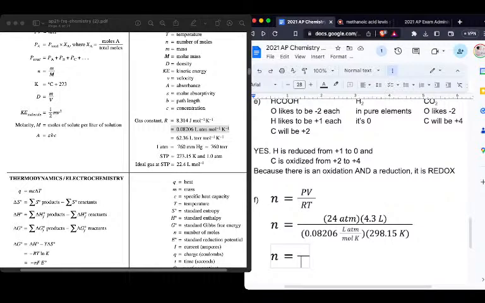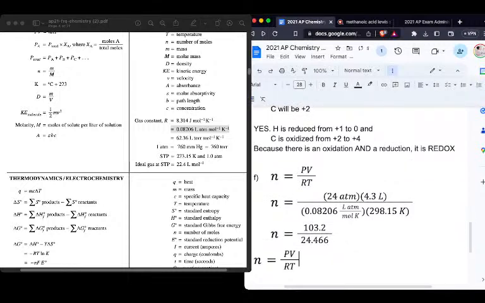I want you to do the entire top first and do the entire bottom separately, unless you know that you're supposed to put the entire denominator in brackets on your calculator. 24 times 4.3 gives you 103.2. 0.08206 times 298.15 gives me 24.466. Then do the division.